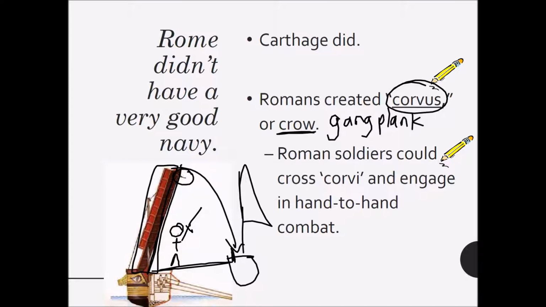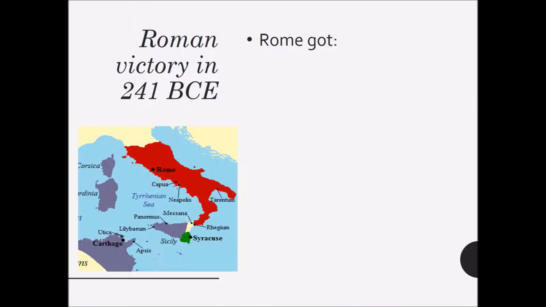So the corvus not only allowed the Romans to use their own particular expertise, but it took away the biggest advantage that the Carthaginians had, their expertise in sea battles. In the end, after over 20 years of fighting, Rome eventually emerged victorious in 241 BCE.